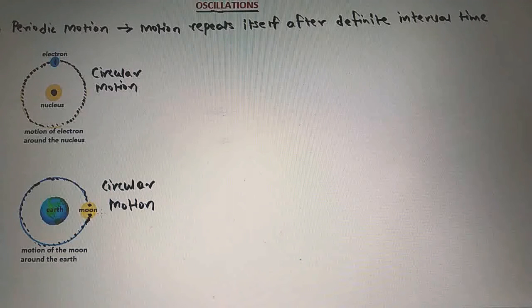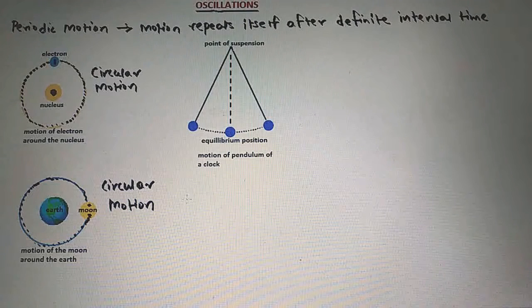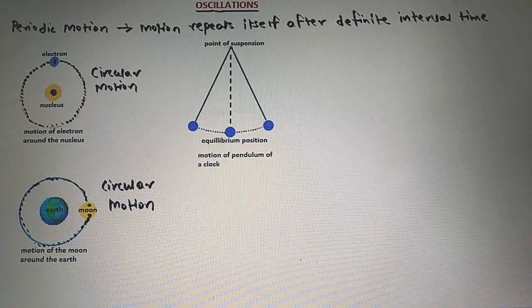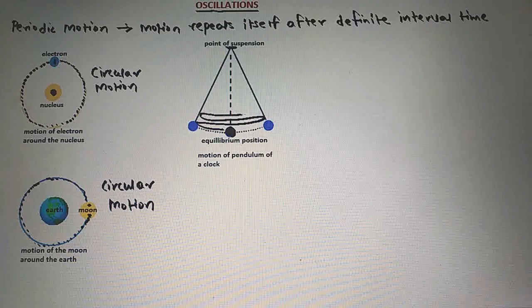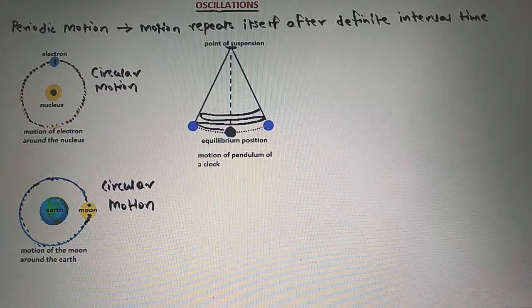Next we will see the third example of periodic motion, that is the motion of the pendulum of a clock. See here, this is the point of suspension of this pendulum, and this is the equilibrium position of the pendulum. That means it is the mean position of the pendulum. Now this pendulum constantly moves backward, then forward, again backward, then forward. So the pendulum repeats its motion after a definite interval of time.